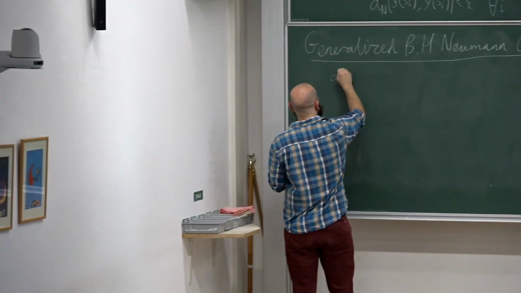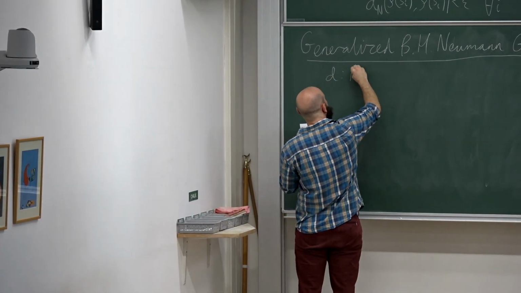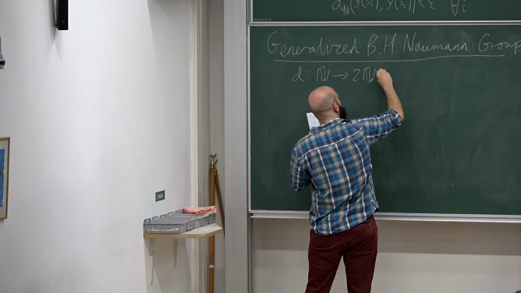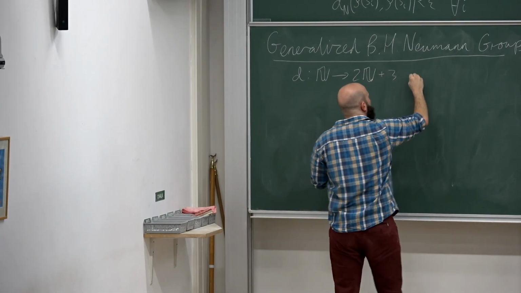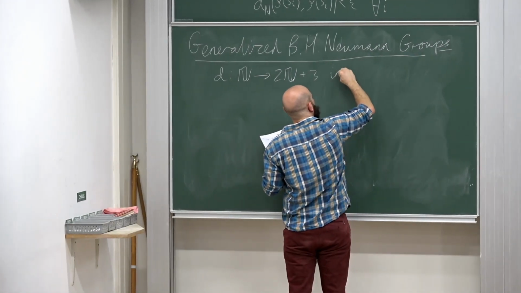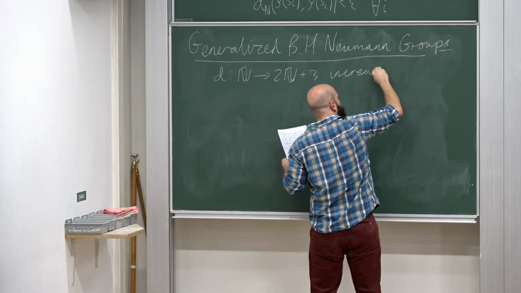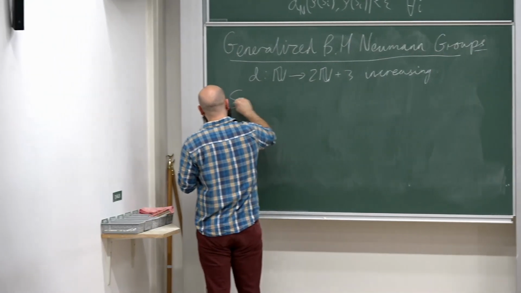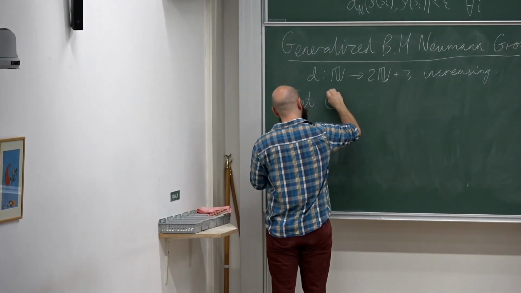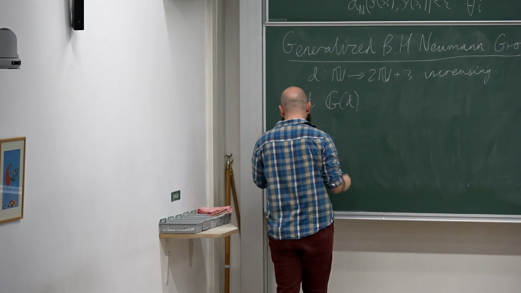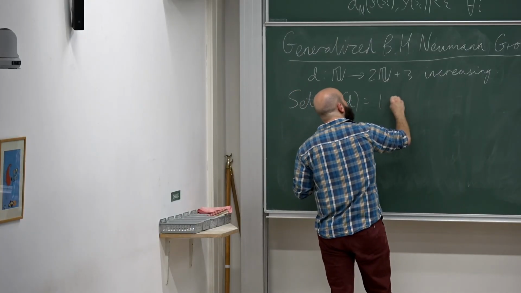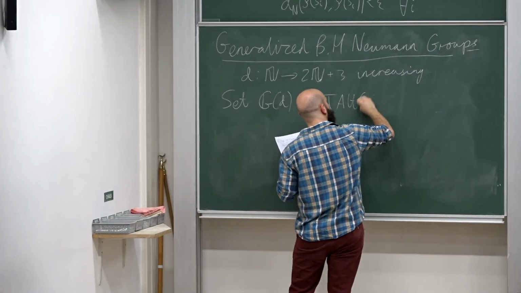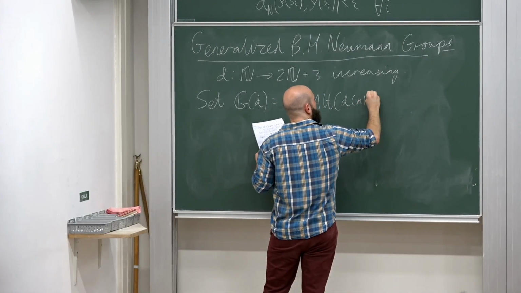They're constructed as follows. You take a function d from natural numbers to odd natural numbers at least 5, an increasing such function, and set g of d to be the direct product of alternating groups of degrees dn.